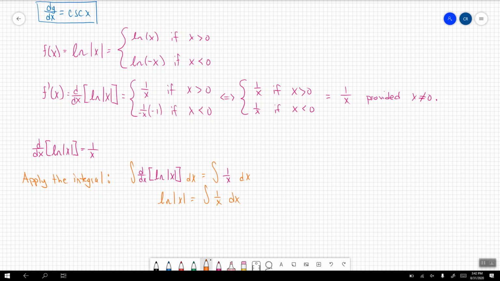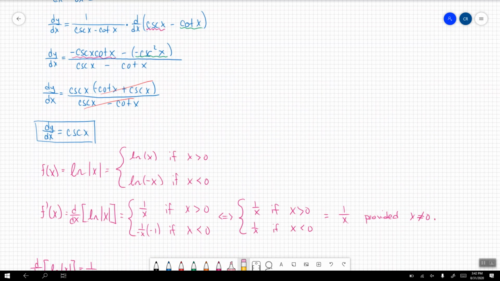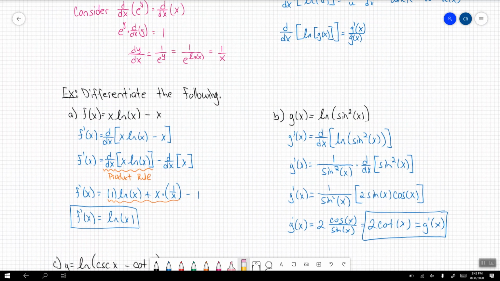But now that's kind of interesting, because it is at this point that we get to see that when we take the antiderivative of 1 over x, it's not just going to be the natural log of x, as we would have initially thought from the very beginning.